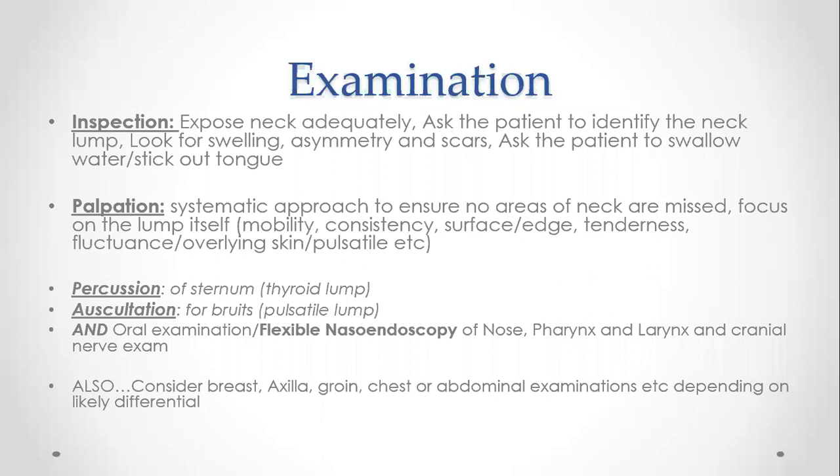So the first examination is an examination of the mouth. We need to look for any lesions in the lip, gums, cheek, tongue, and tonsil. Everybody can do this at the bedside if you have a torch.